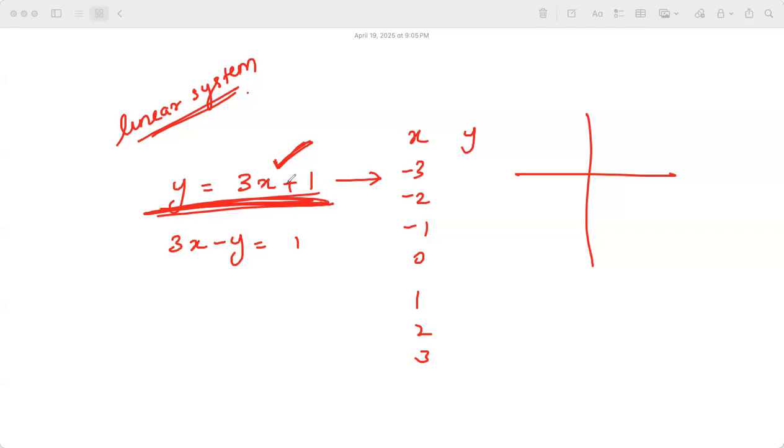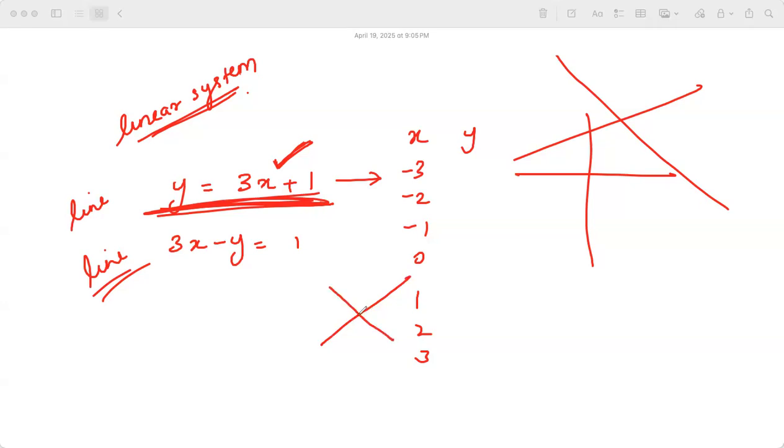What will you get? A line. A linear equation is a line. This is going to be a line too. So when I graph this, I'm going to get the graph of two lines. Two equations are going to give me two lines. One thing to understand: when I plot two lines, the lines can intersect at a particular point, or the lines can be parallel, or the lines can coincide at all points.